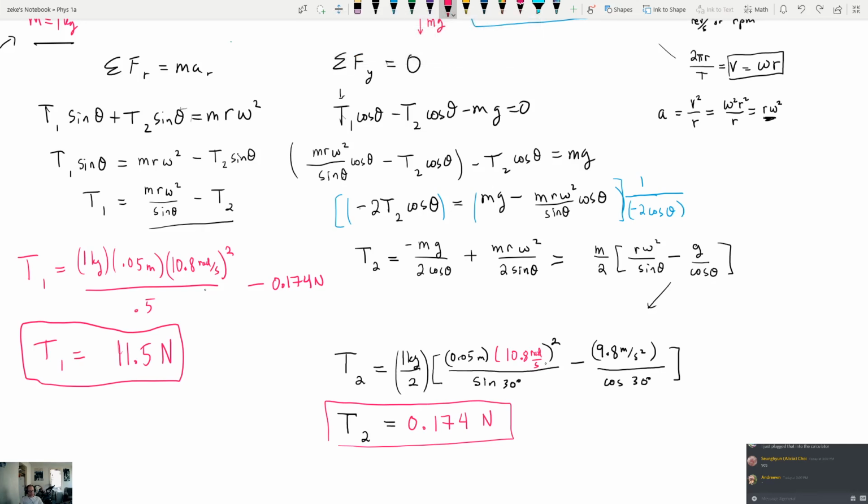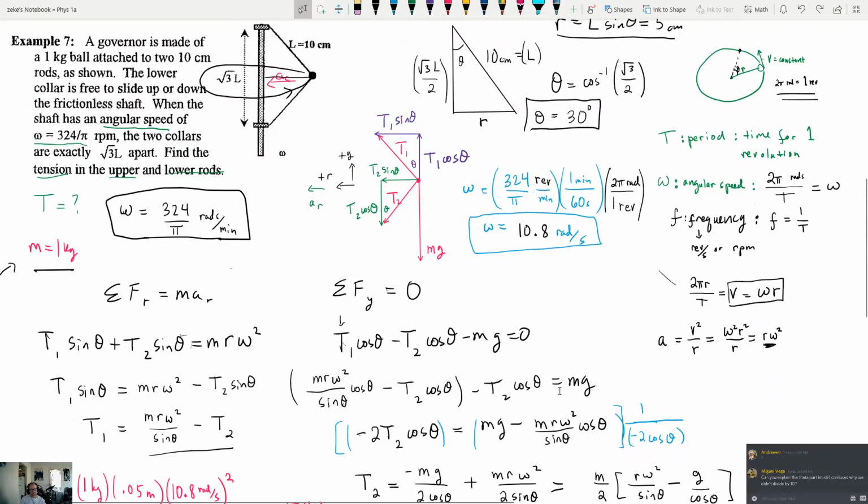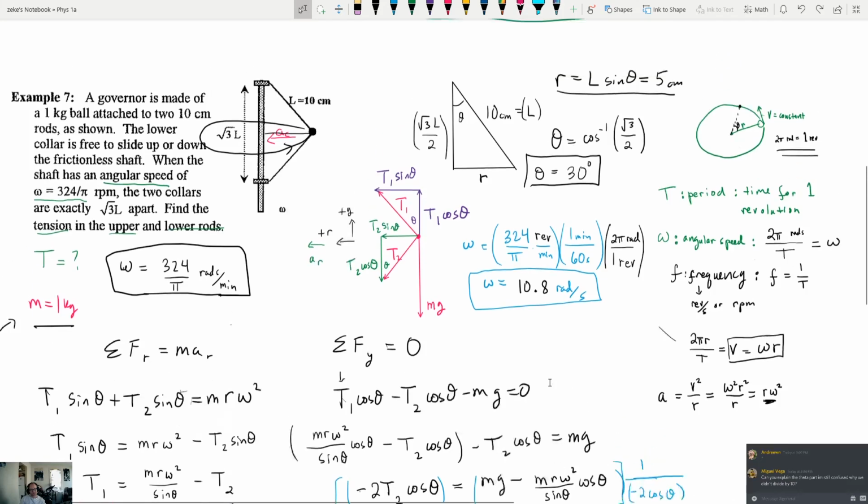There we go. Anyone have any questions? Sorry, Chase, just give me 1 second. Let me answer this question from Miguel first. I was just questioning about the 10.8 rads, that's all. Can you explain the theta part? I'm still confused why we didn't divide by 10.